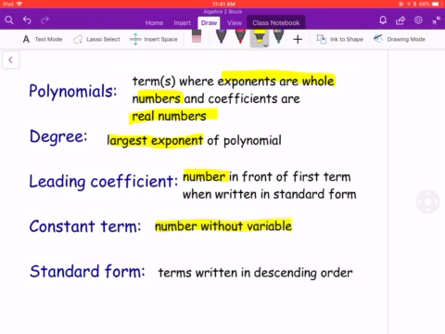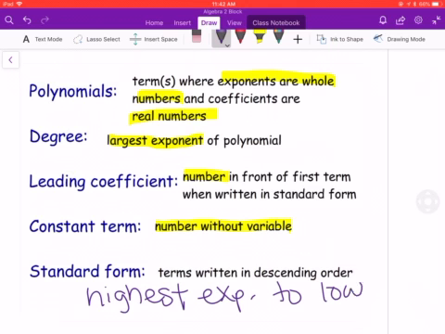And standard form is when the polynomial is written in descending order, from highest exponent to lowest exponent. And when it's in standard form, the number out front is the leading coefficient.